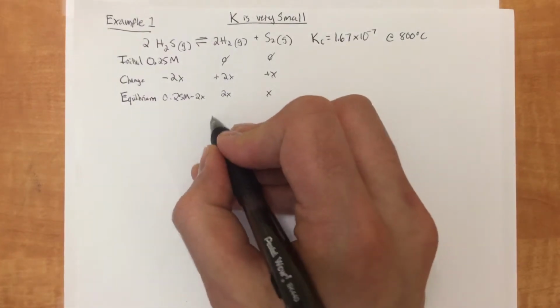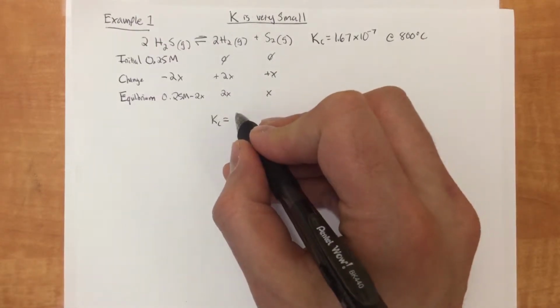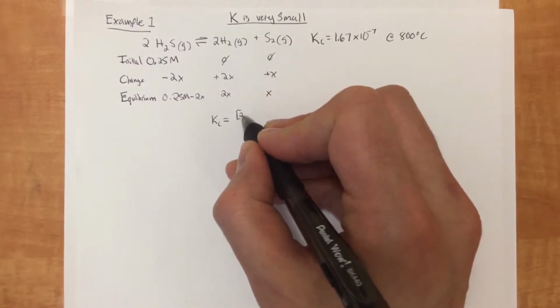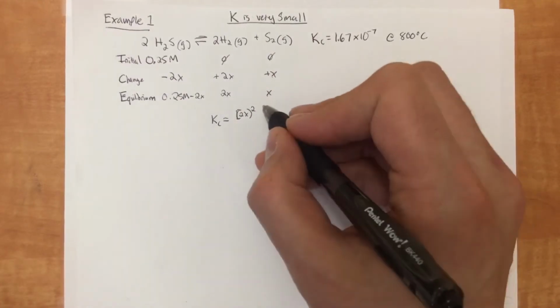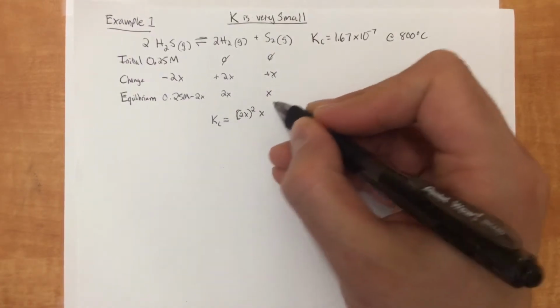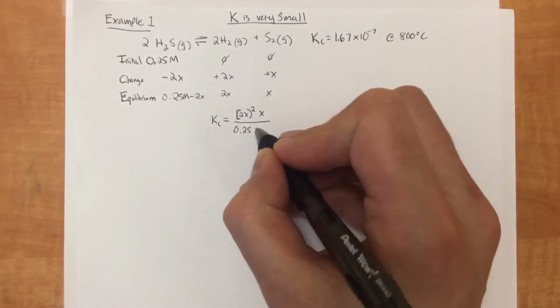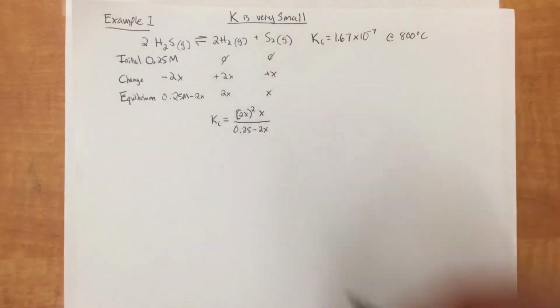We can then write our equilibrium expression: our concentration of H2 gas first, or 2x squared, times our concentration of S2 gas, divided by 0.25 minus 2x.